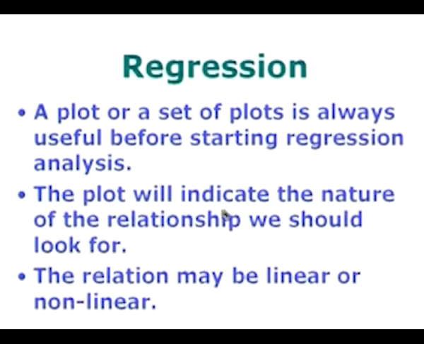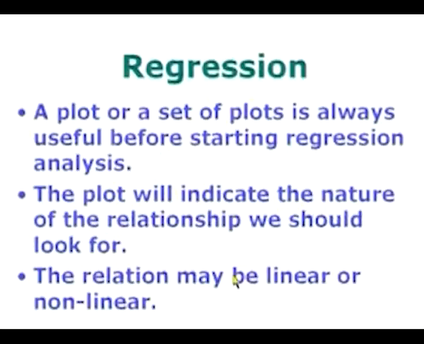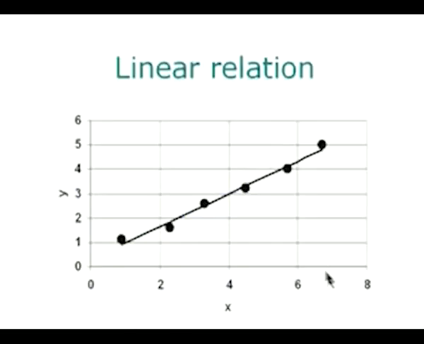The plot will also indicate the nature of the relationship we should look for, that is whether it should be a simple relationship or maybe it is a complex relationship. It may involve several parameters. So, we will make some of these things clear as we go along. So, the relation may be either linear or non-linear, and I have just taken a few examples.